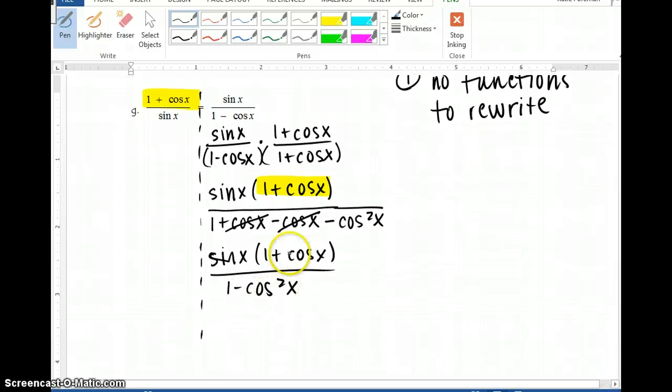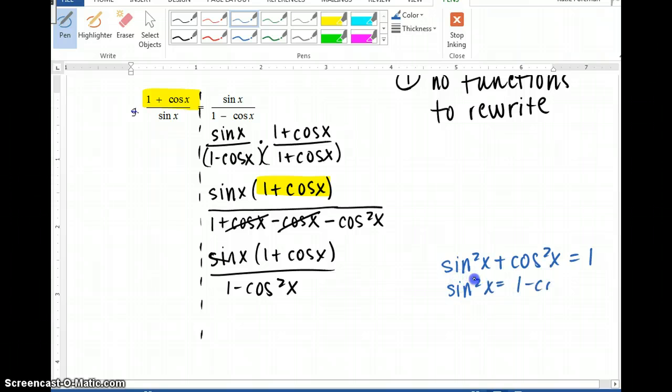So if I look down here, squared trig functions and a 1, you should always come back to the Pythagorean identity and see if you can manipulate this equation in any way. I need 1 minus cosine squared x. So from the identity, I'm going to subtract cosine squared from both sides. Now I can use this fact and rewrite the denominator.